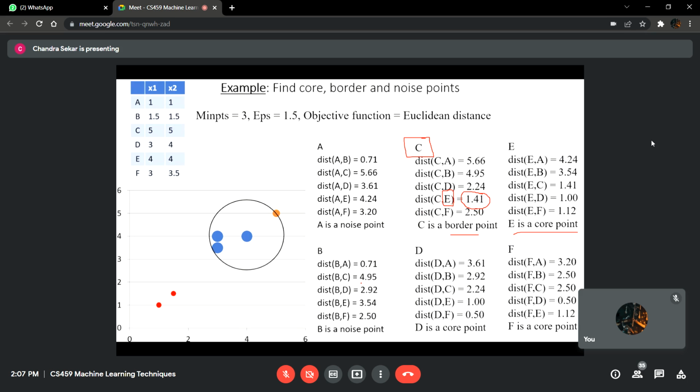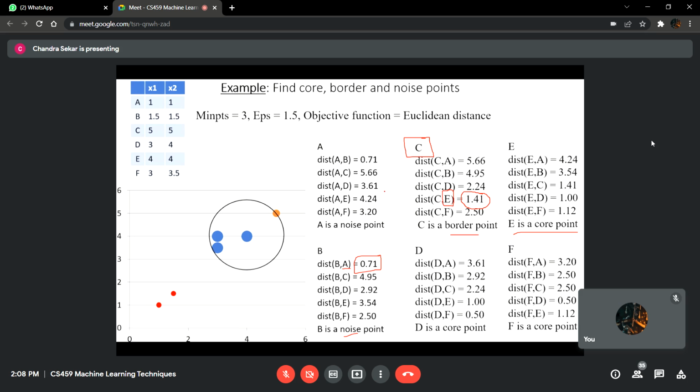Similarly, B. If you observe, B has only one data point, B itself plus A, but A is not a core point. So B cannot become a border point. So B will be a noise point.